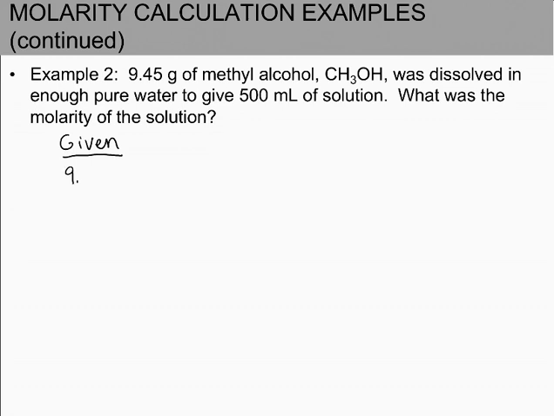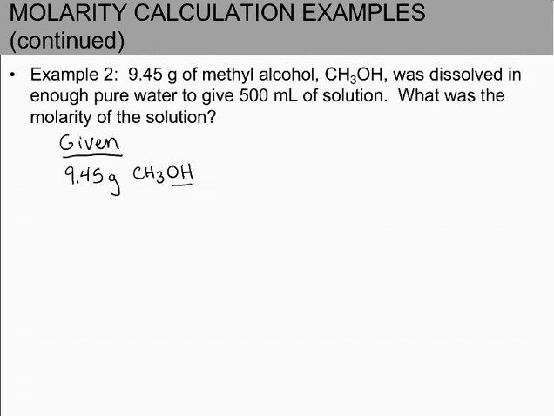So we're given 9.45 grams of methyl alcohol, CH3OH. Sometimes this is written as CH4O, but alcohols have an OH group on them, so typically you'll see an OH on the end, and that's just to indicate that it's an alcohol.